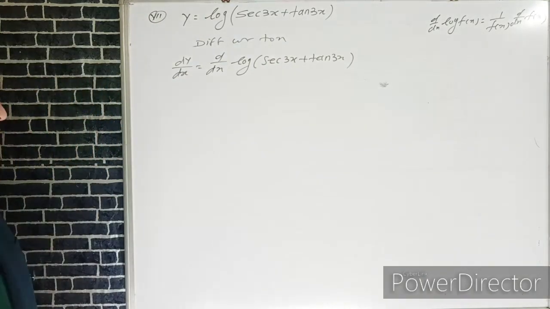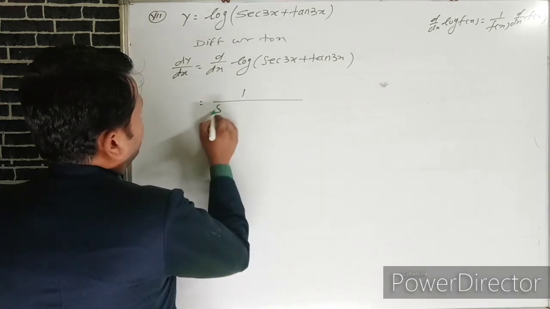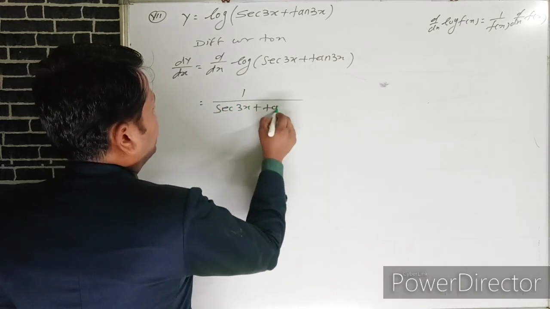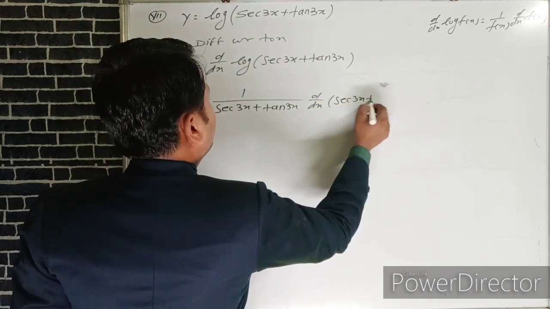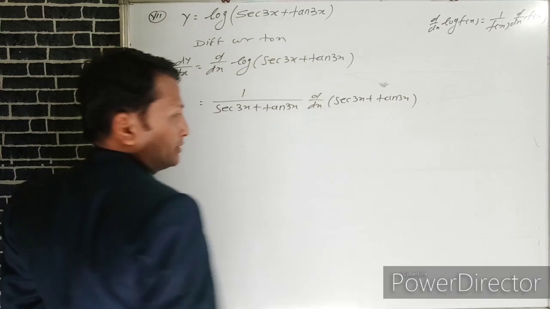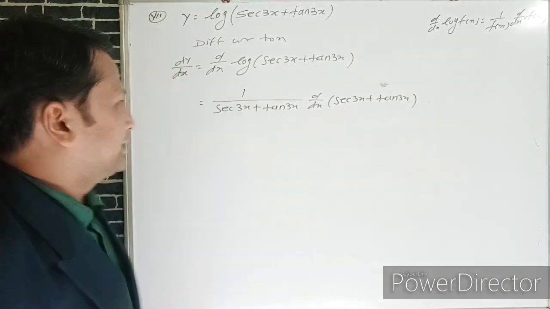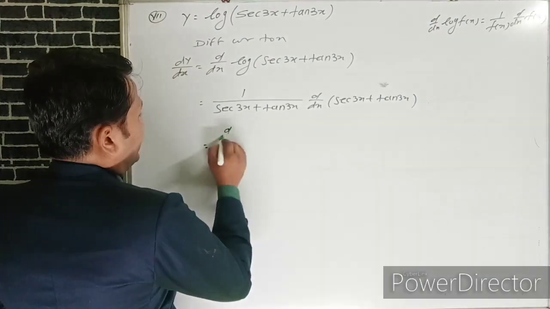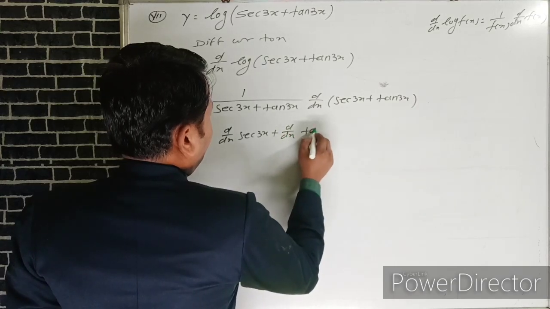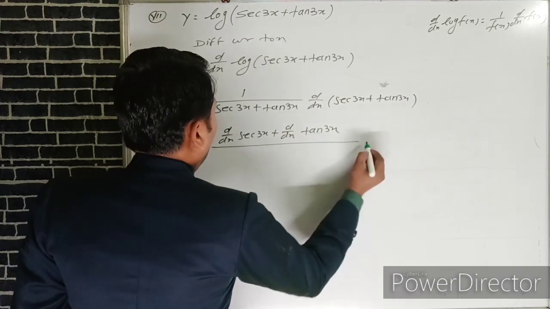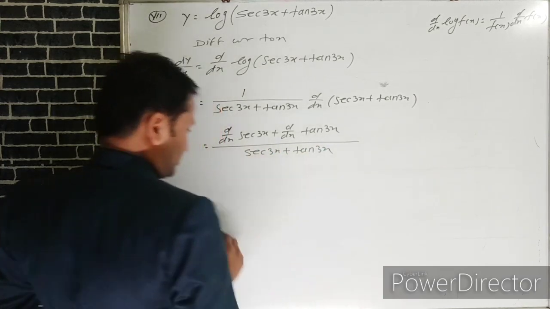The derivative of log of f(x) is 1 upon f(x), hence we can write it 1 upon sec 3x plus tan 3x into again a derivative of sec 3x plus tan 3x. Now we can take a separate derivative of sec 3x and a separate derivative of tan 3x, hence we can write derivative of sec 3x plus derivative of tan 3x upon sec 3x plus tan 3x.